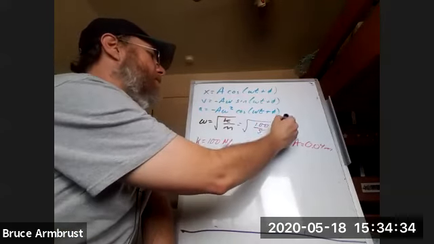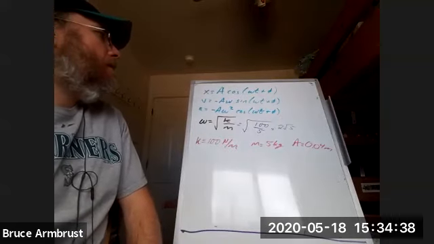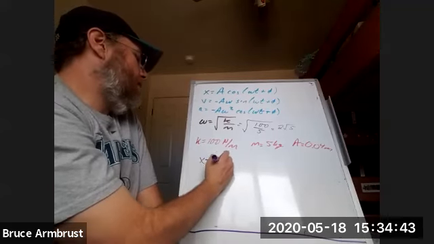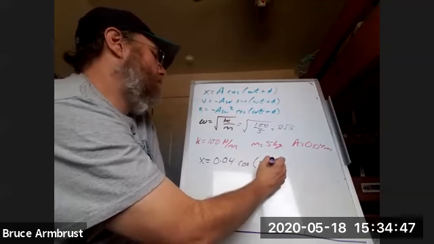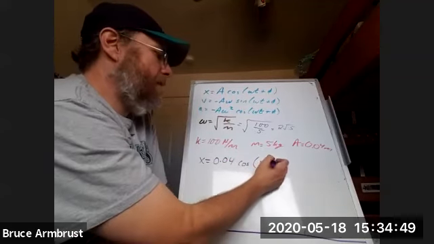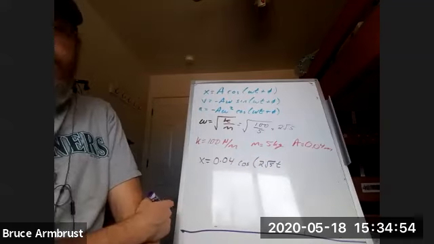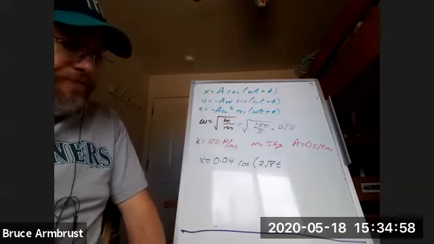So that's going to be the square root of 20, or 2 root 5. So then our position is going to be 0.04 cosine of 2 root 5 times t. And I'm going to leave it unfinished for just a second. We'll worry about phi. No, let's go ahead and take care of it.